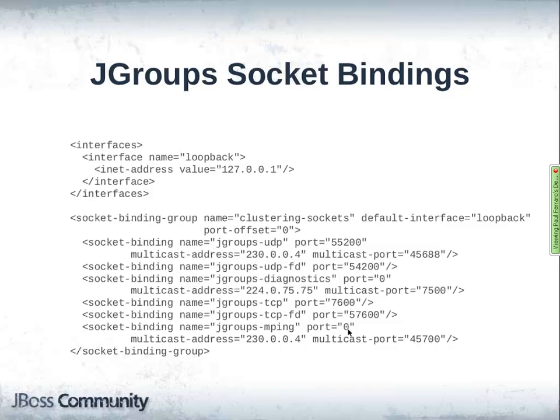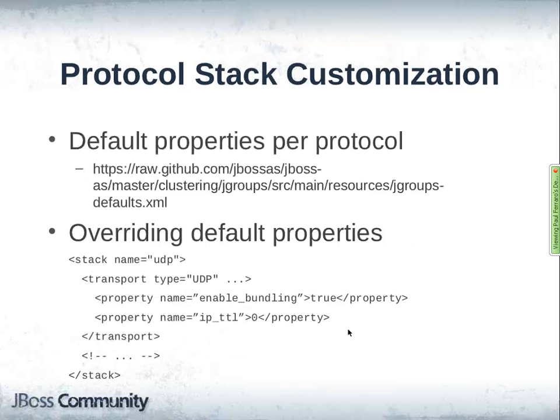So if you want to change any of these, this is where you go. If you want to customize the protocol stack, as I mentioned earlier, the default properties are actually stored in a file which you can reference if you wanted. Basically, all of the protocol properties that we defined in AS6 are the defaults, so they don't show up in the default AS7 config.